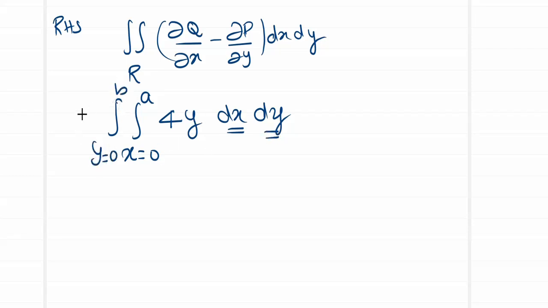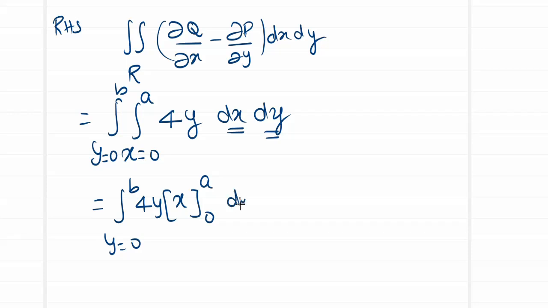So now this can be evaluated with respect to x first. 4y is a constant. So dx on integration gives you x between the limits 0 to a. Still we have y varying from 0 to b, dy left over. So it is 4y times a to be integrated between 0 to b dy.